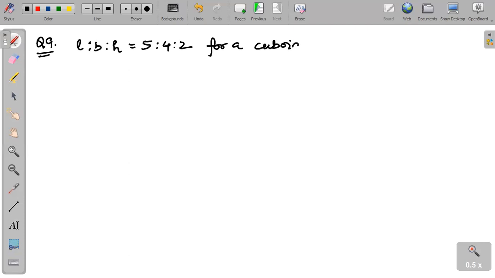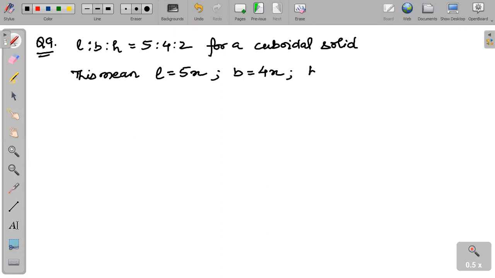This means L is equal to 5x, B is equal to 4x, and H is equal to 2x.